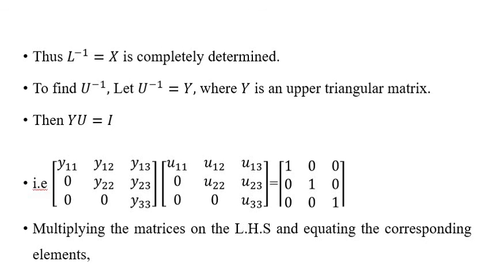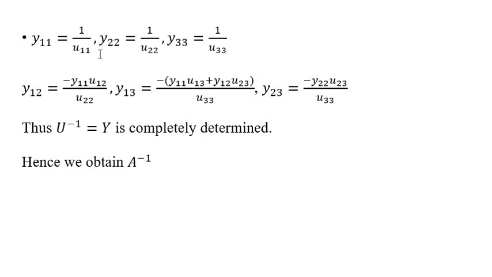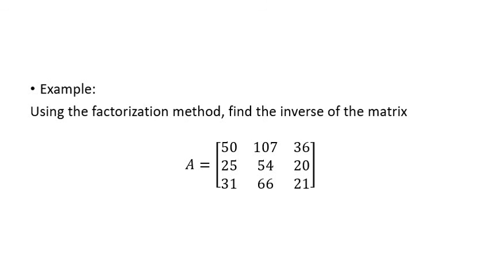We get y11 equal to 1 by u11, y22 equal to 1 by u22, y33 equal to 1 by u33, and y12 equal to minus y11 u12 divided by u22, y13 equal to minus of y11 u13 plus y12 u23 divided by u33, and y23 equal to minus y22 u23 divided by u33. Thus, U inverse equal to Y is completely determined. Hence, we obtain A inverse.